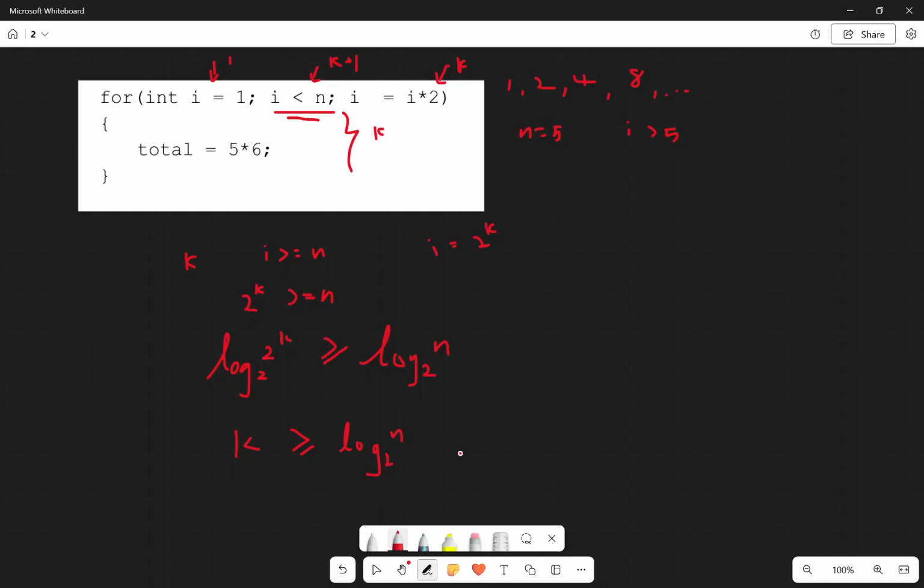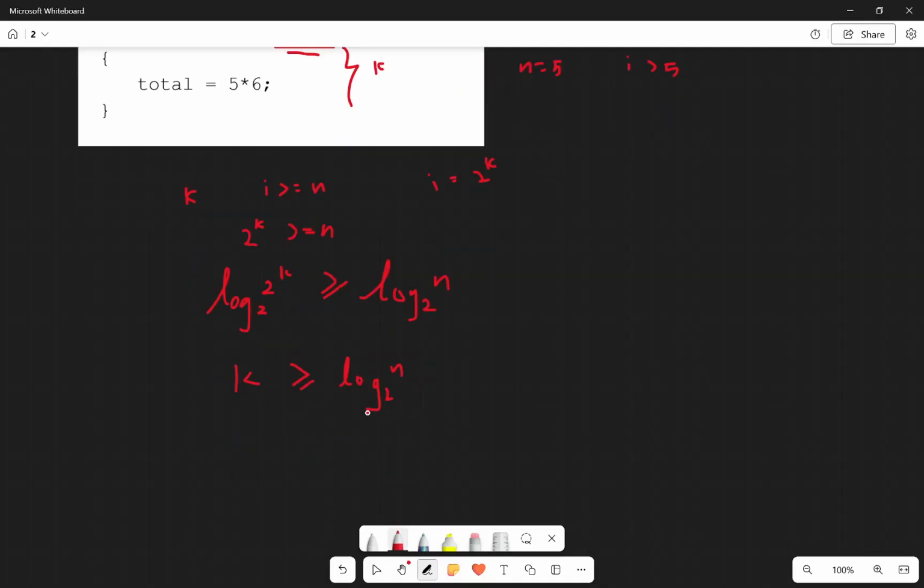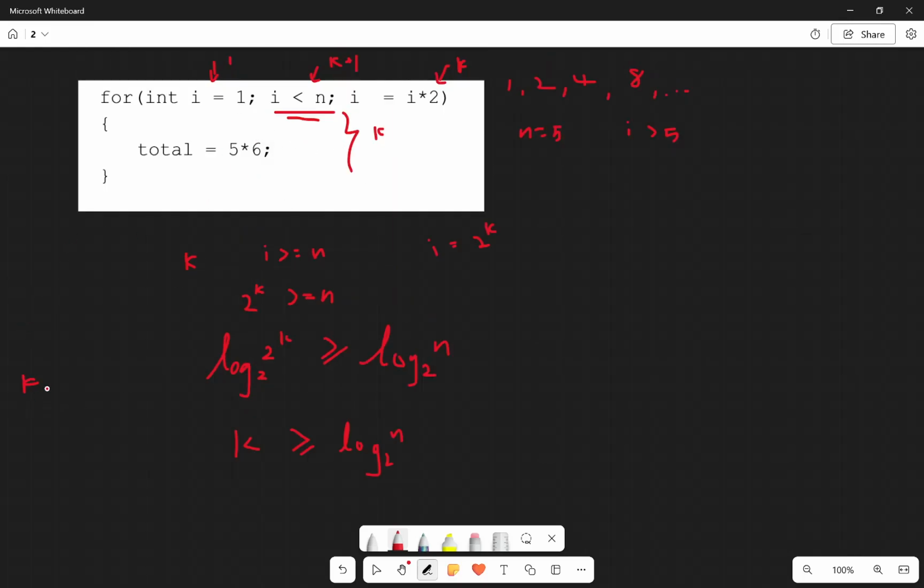All right. So let's simplify this first. So this says k has to be greater than or equal to log 2 of n, but at the same time k has to be an integer. Right? k is the number of iterations. Therefore, k can't be a float, but it has to be an integer. That means we have to either get the ceiling value or the floor value of this expression over here in order to make it an integer.